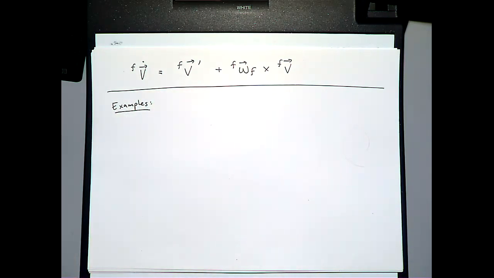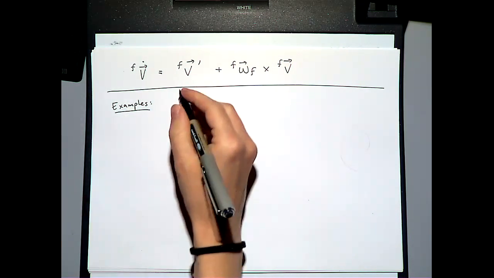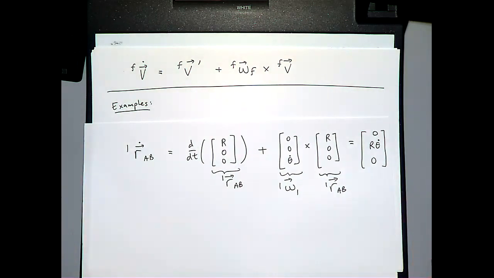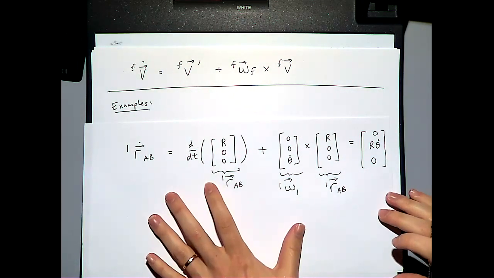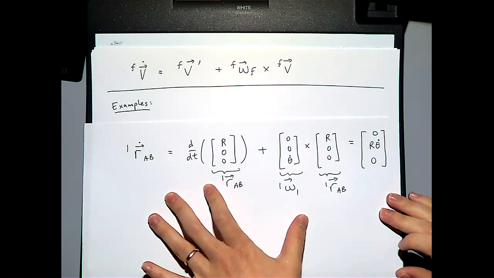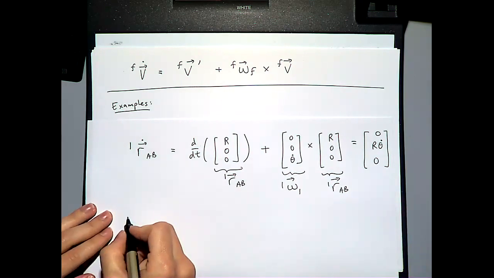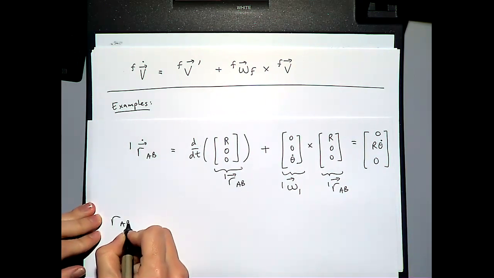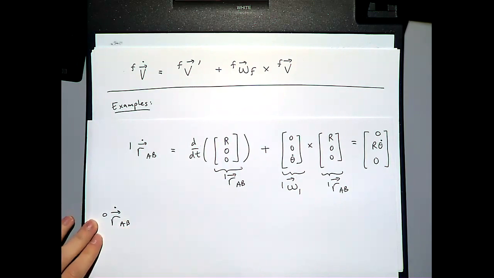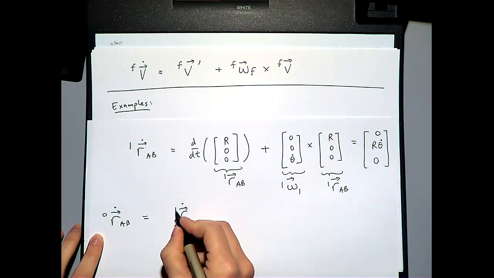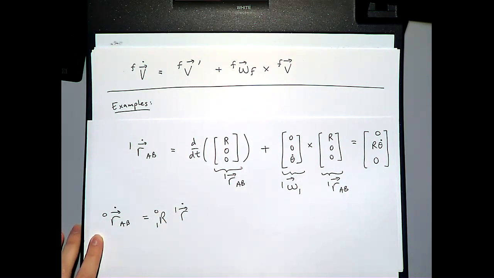So we already did one example. Maybe I'll just show you that example. This is one example, what we just did. Is this example clear, guys? Maybe let's check that if we are interested in RAB dot in frame 0, can we take this one and pre-multiply by the rotation matrix from 1 to 0?